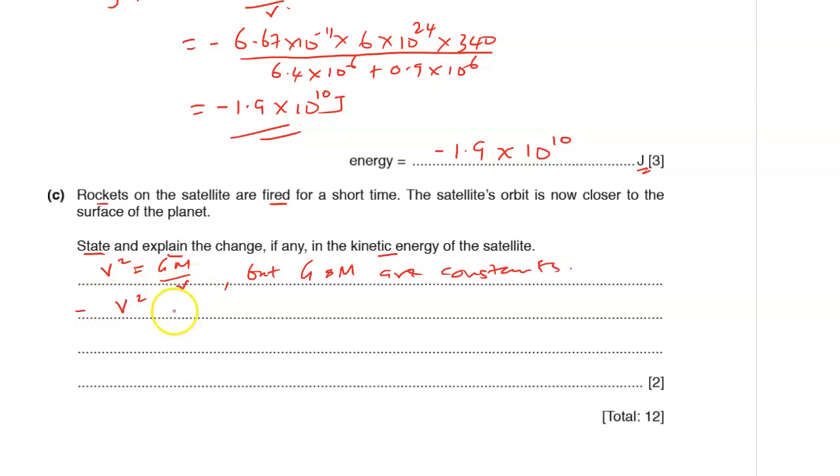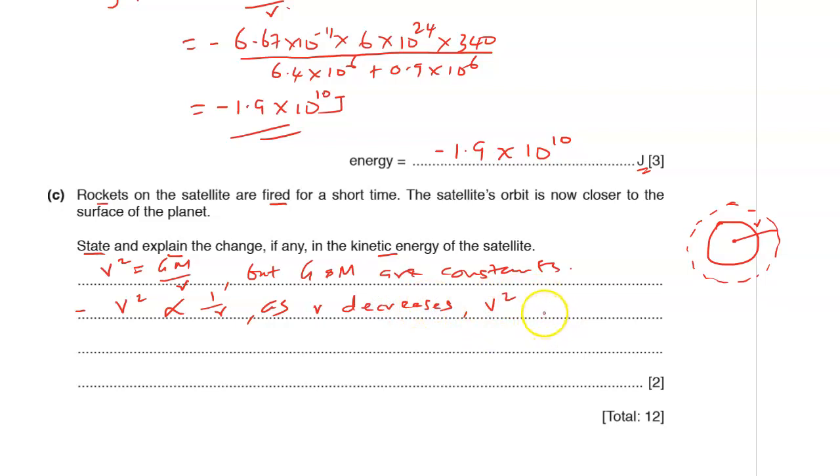V squared is inversely proportional to r, the distance from the center of the planet to the orbit. That is the r I'm talking about. So as r decreases, as the satellite comes closer to the surface of the planet, v squared increases, and the speed increases.